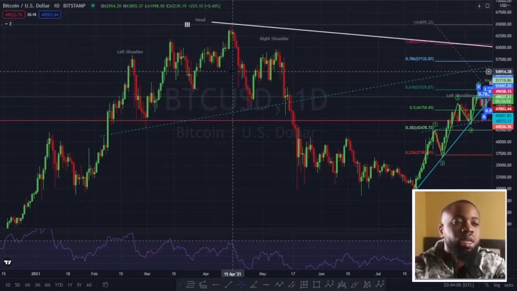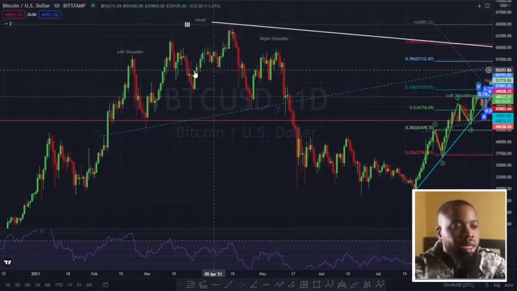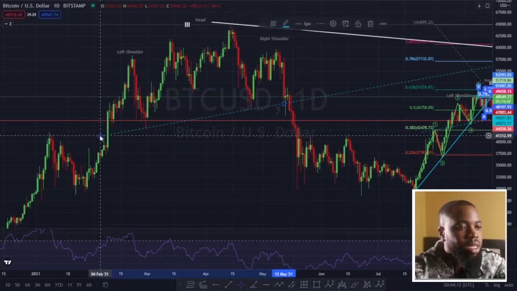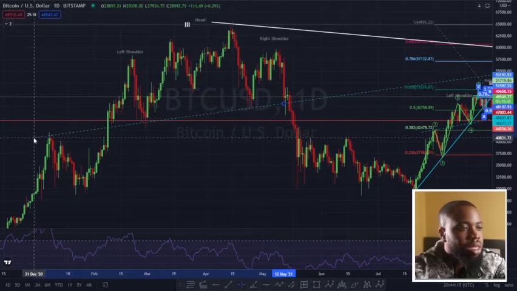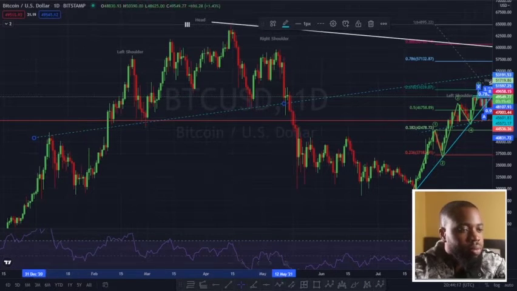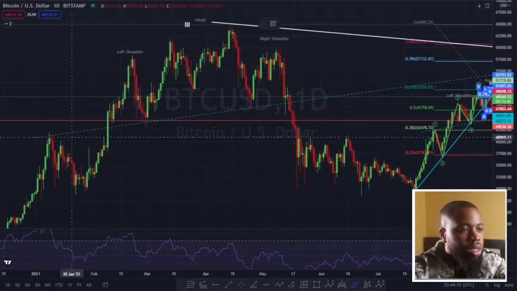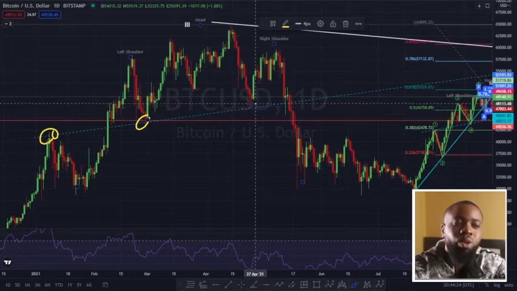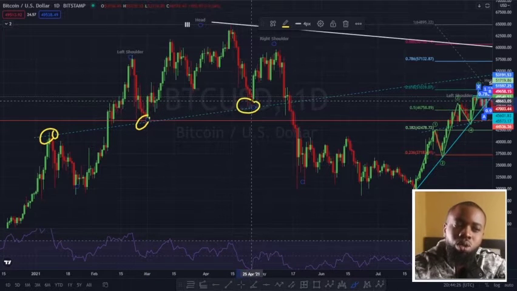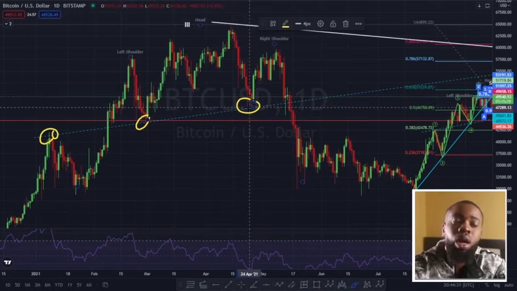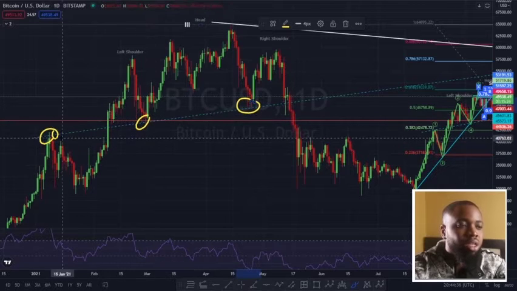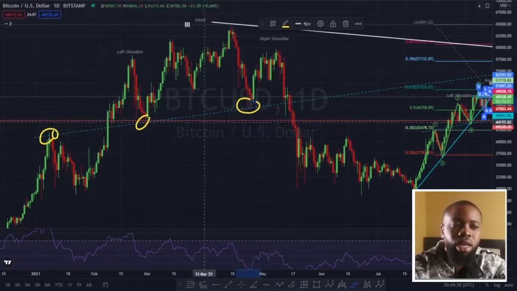If you look closely, you can see that if you connect this wick, which is right here, to this wick to this other wick, which was our wave 1 in the past, if you connect the three of them, you get a very good trend line.